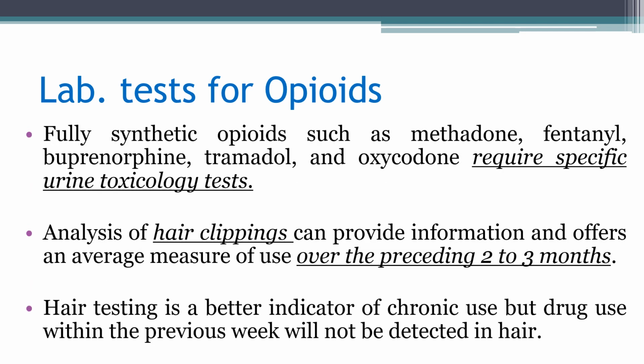The polysynthetic opioids such as methadone, fentanyl, buprenorphine, tramadol, oxycodone require specific urine toxicology tests. Hair clippings can detect opioid consumption over the preceding 2 to 3 months, so it can be helpful in chronic abusers. Hair testing is a better indicator of chronic use.